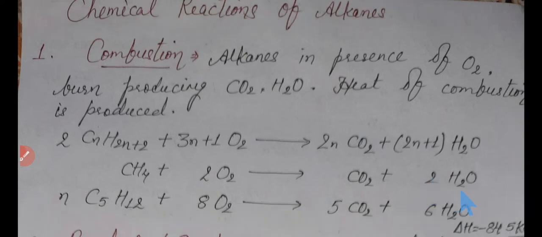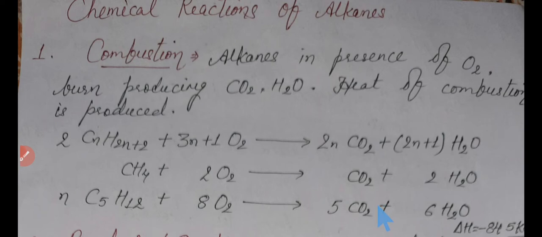Similarly, n-pentane, when it reacts with 8 moles of oxygen, 5 moles of CO2 and 6 moles of water are produced, and minus 845 kilocalorie per mole indicates delta H. It means in this reaction 845 kilocalorie per mole is liberated.